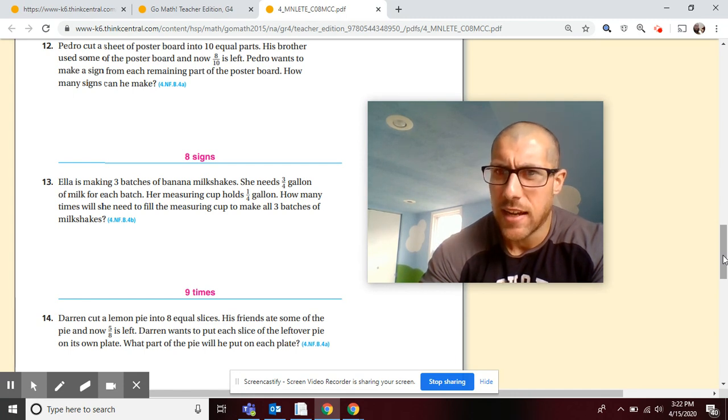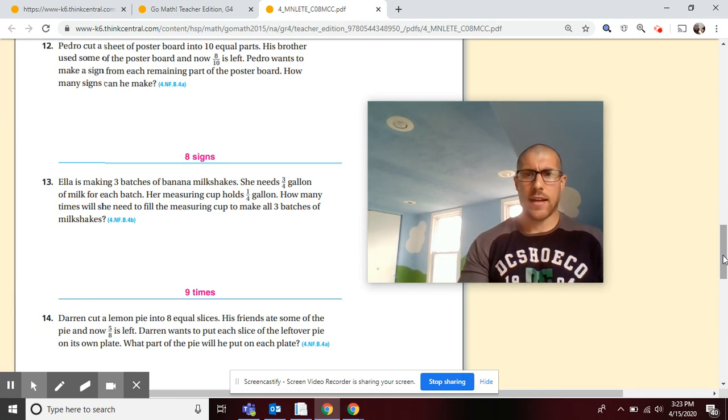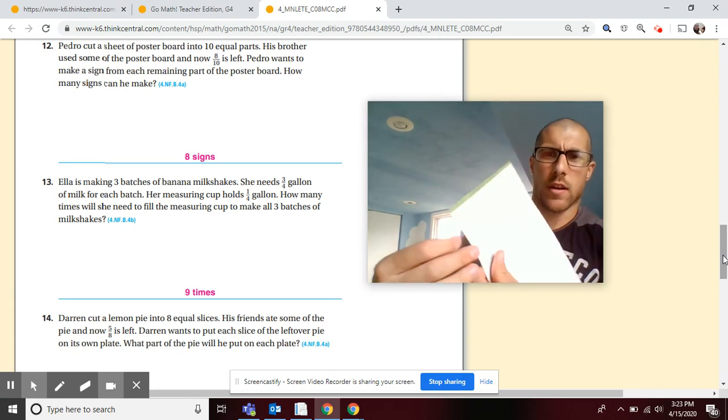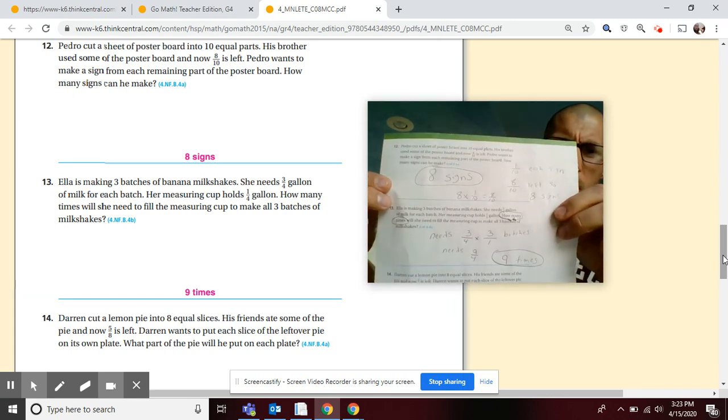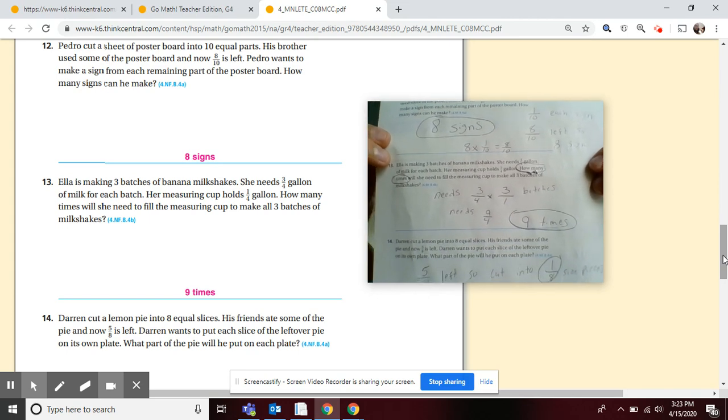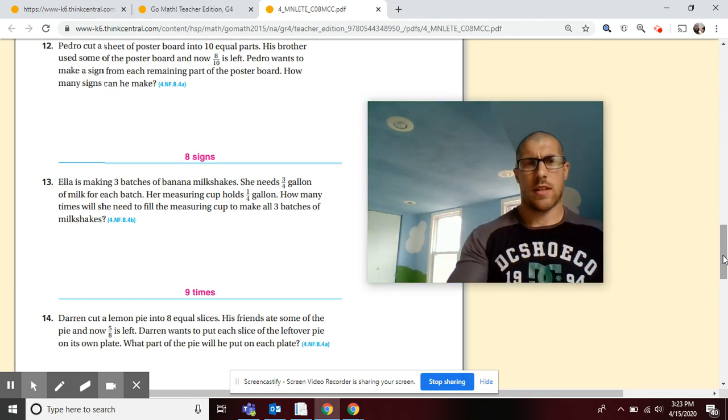Since she needs 9/4, she would have to fill that 9 times. Or, to show you the work, it is right there. Since she needs 9/4, she needs to fill it 9 times.